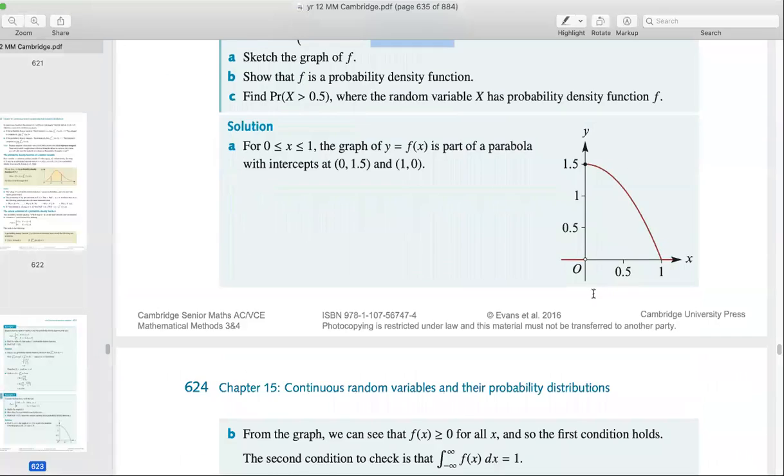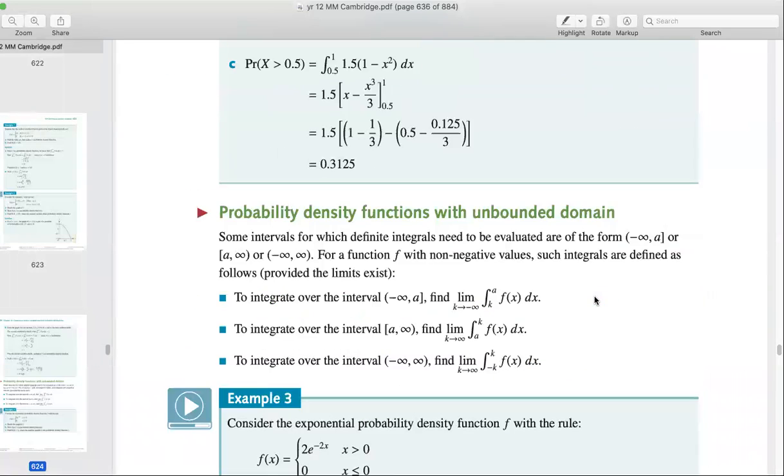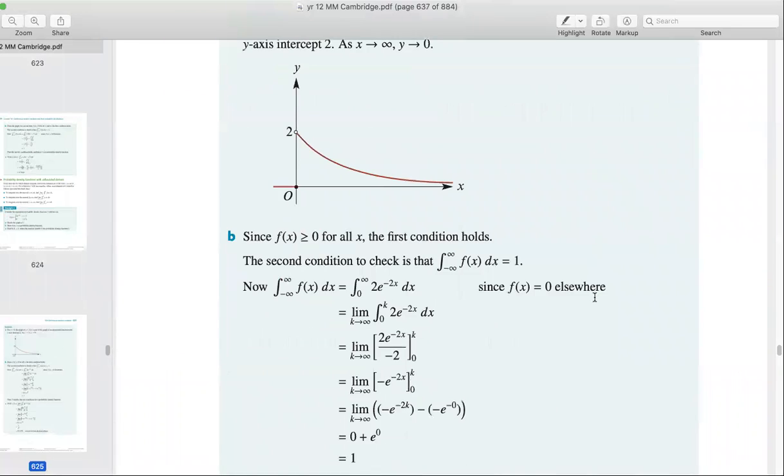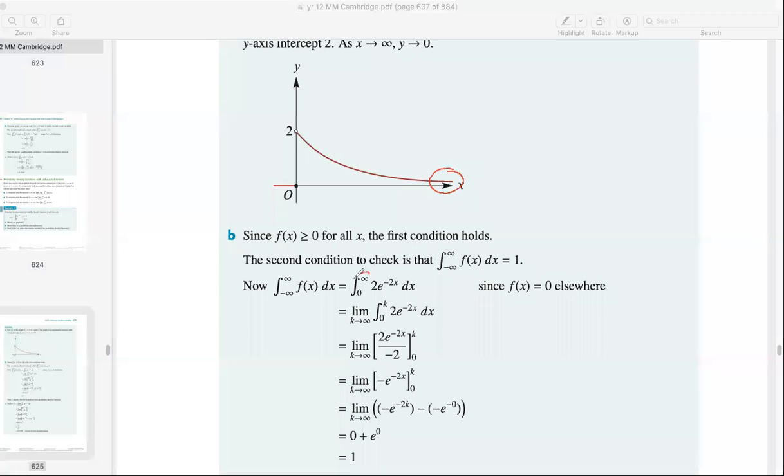Okay, so after that, I also want to emphasize one point about how to write an integral with infinity. In such a case, because our x is unbounded, our upper limit will be positive infinity.